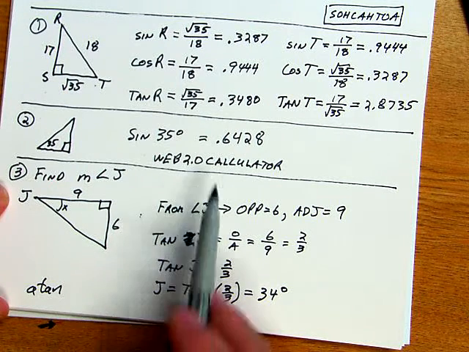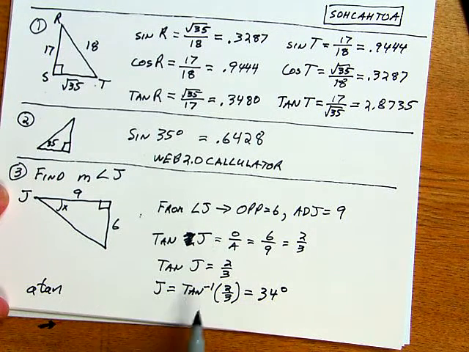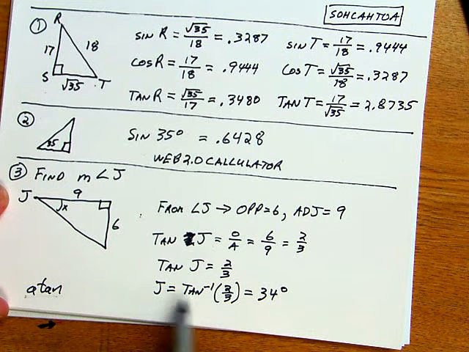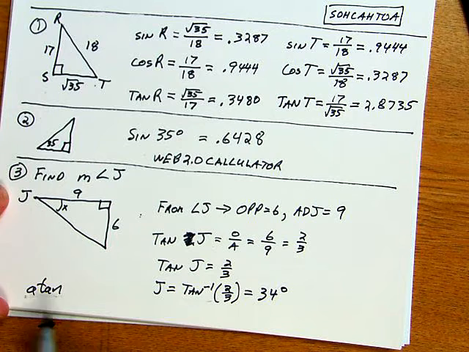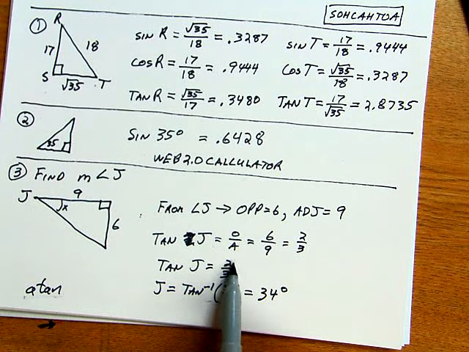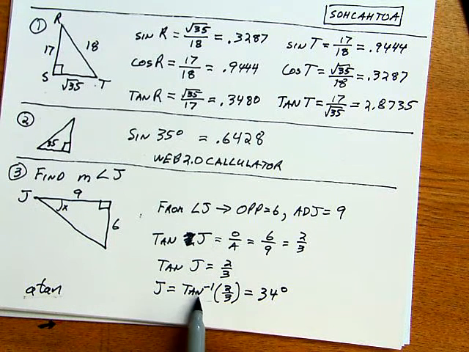The good thing about the Web 2.0 calculator is that you will see this function, but it also shows you this nomenclature up above. So you'll see that this and this are the same thing. So once again, the tangent of J is equal to opposite over adjacent. But if you want to turn that into degrees, you have to do the inverse tangent function, and that gives you 34 degrees.